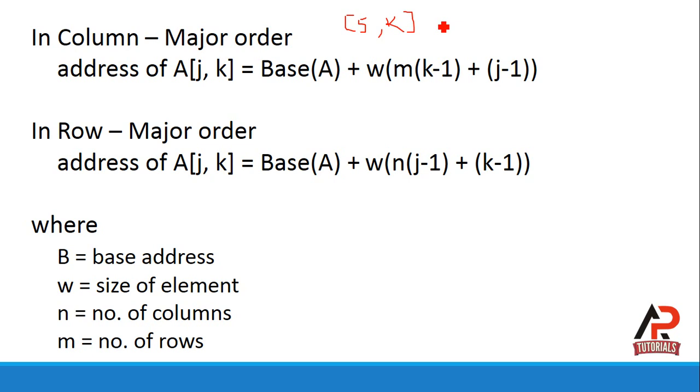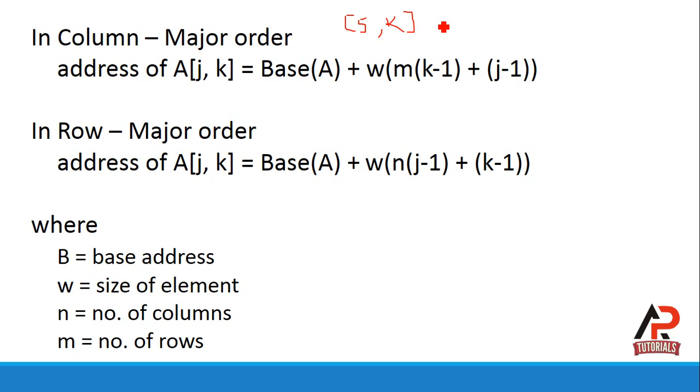Base A is the starting address. It is called the base address, the starting address, of the first row and first column, that is the 0 row and 0 column.